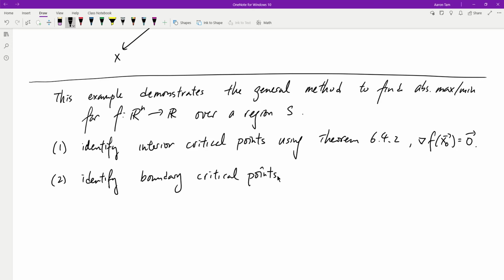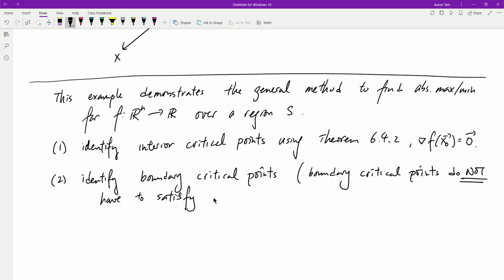Boundary critical points do not have to satisfy the gradient of f at x sub 0 equal to the zero vector.